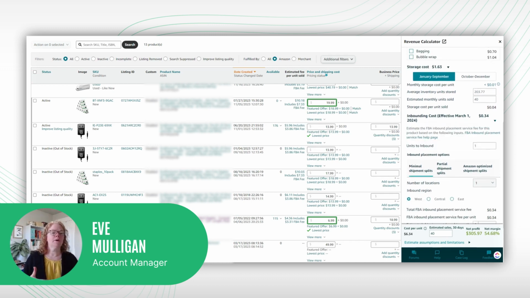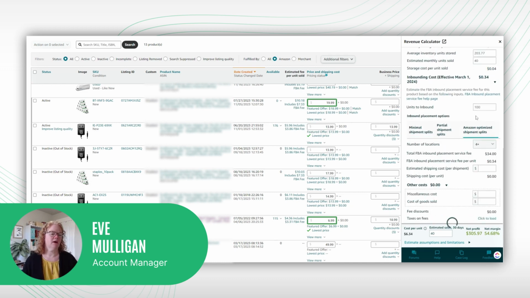So we have this product, and I want to see how many units I have to send in before I can avoid the inbound placement fee altogether. So let's say 100 units inbound. It looks like all it's going to give me is Amazon optimized shipment splits.